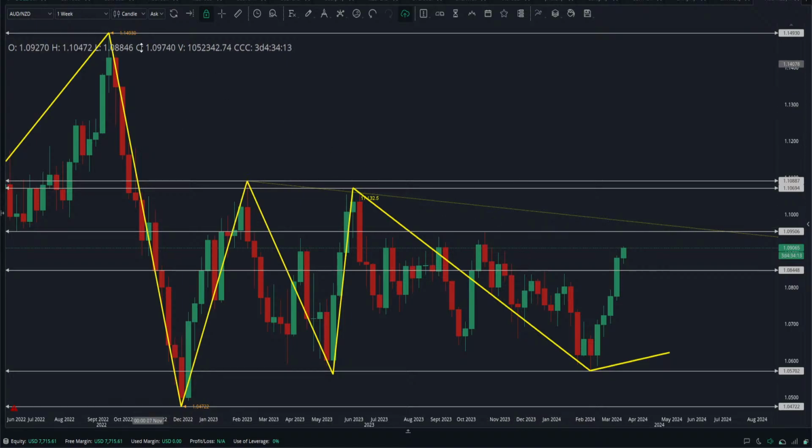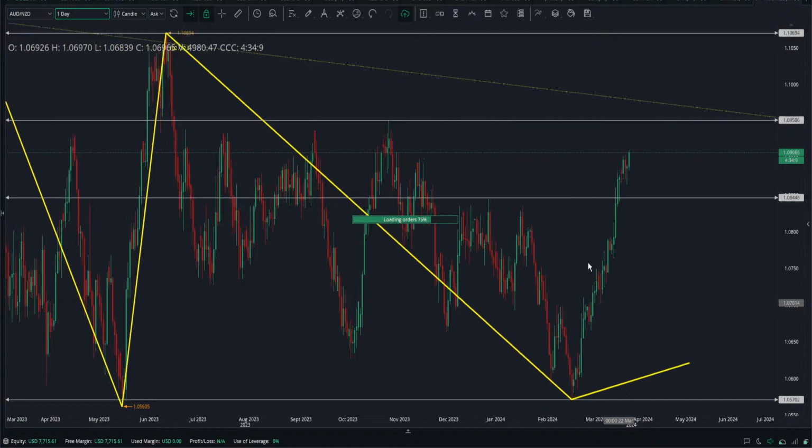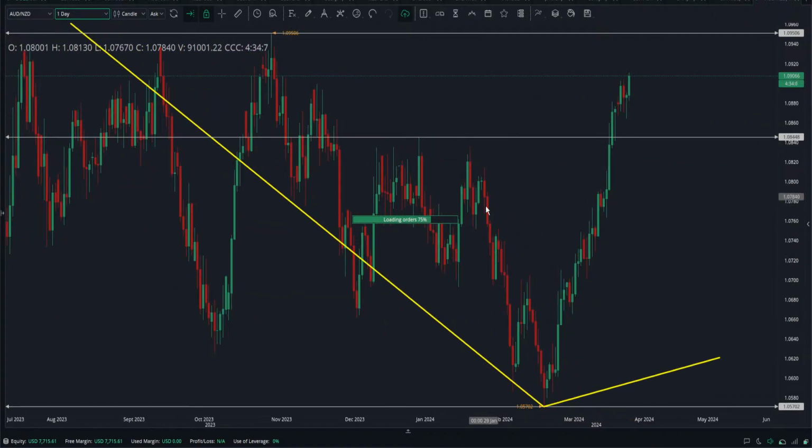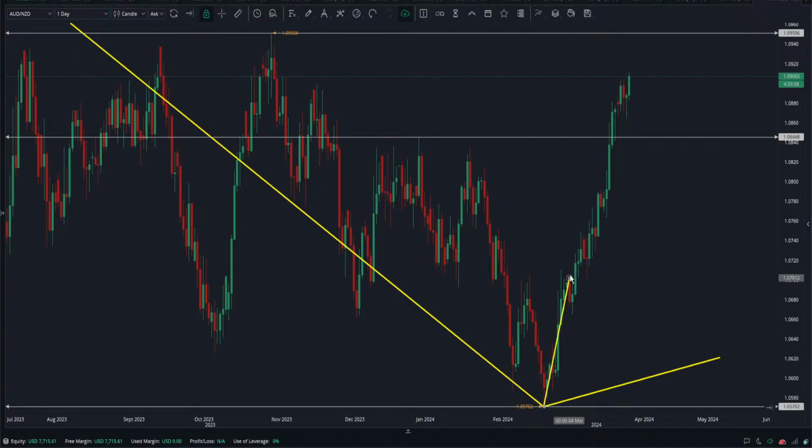Now I go back to the daily charts to show you that the price was making lower highs and lower lows, and eventually after this, here it started making higher highs and higher lows. Make sense?